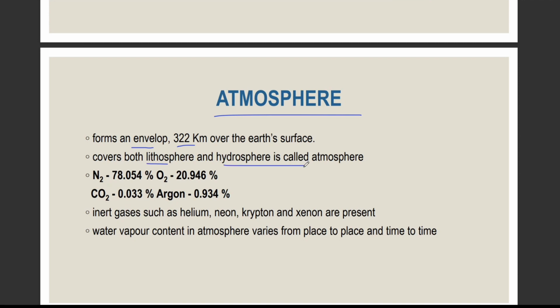Then we have some gases present in the atmosphere, mainly nitrogen, which we all know is 78%, oxygen 21%, carbon dioxide 0.03%, and argon almost 1%. There are also other inert gases like helium, neon, krypton, xenon. And water vapor content in the atmosphere varies from place to place and time to time.